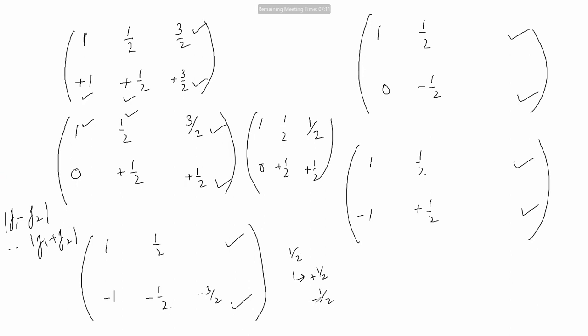Therefore, here the only possibility is 3 by 2, like here we had only the possibility of plus 3 by 2. Here the projection is 3 by 2 minus 3 by 2.